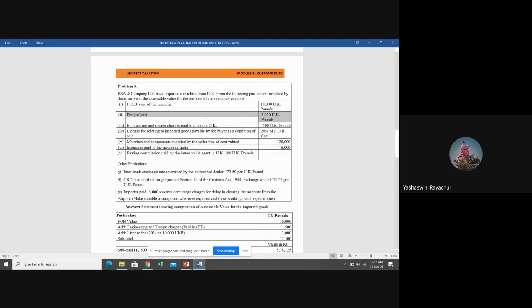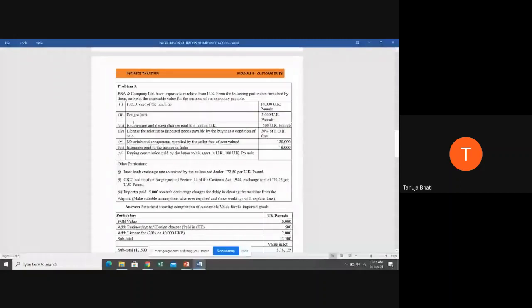FOB or as per Customs Act. See, one we have seen is FOB. FOB is nothing but FAS plus loading charges plus export duty. That is FOB. But when we add rule number 10, after that we get FOB as per customs. So to that we have to add freight charges, as you rightly said. It is 3,000 UK pounds.